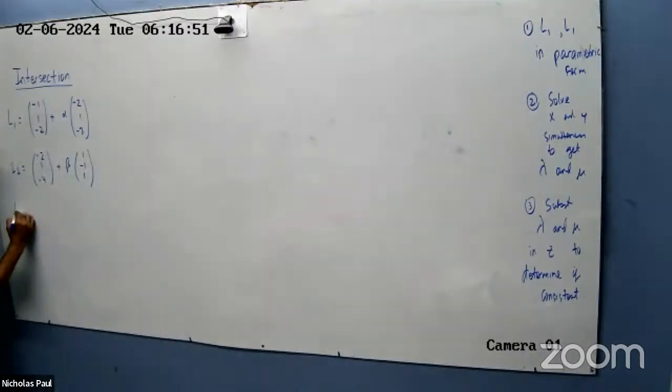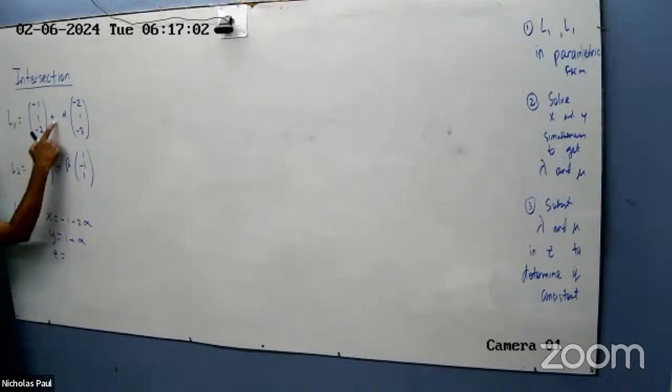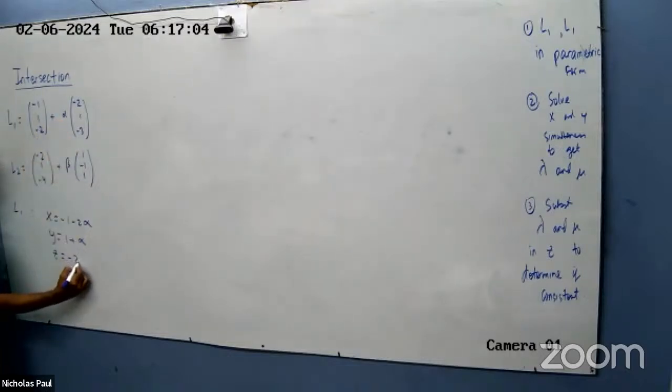First thing first, for L1, x is -1 -2 alpha, y is 1 plus alpha, and z is -2 -3 alpha.